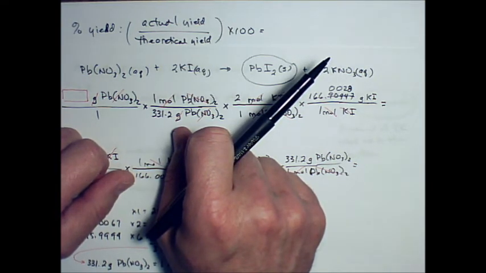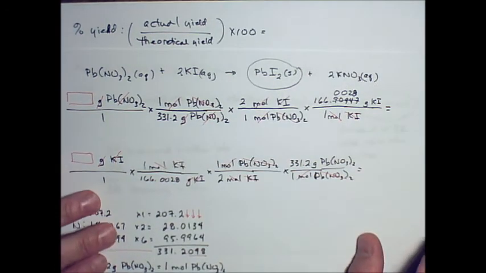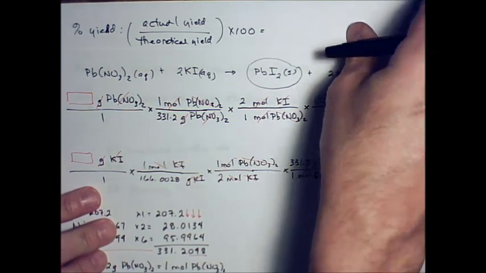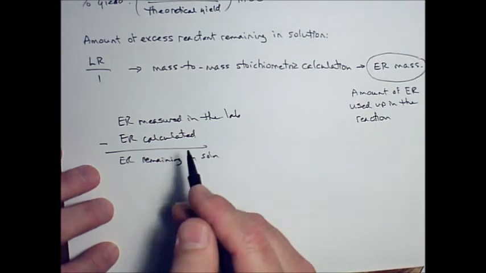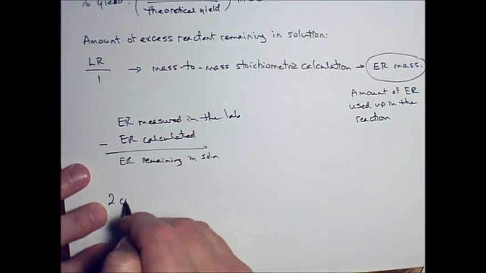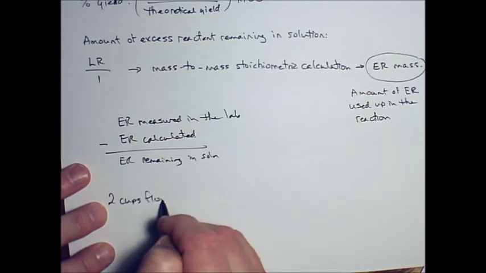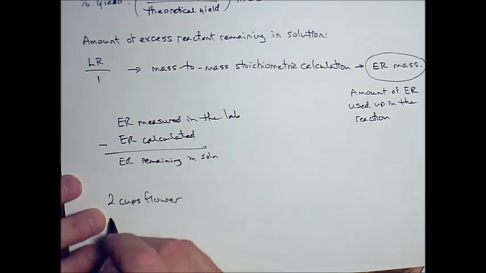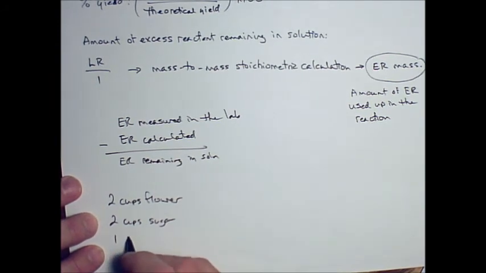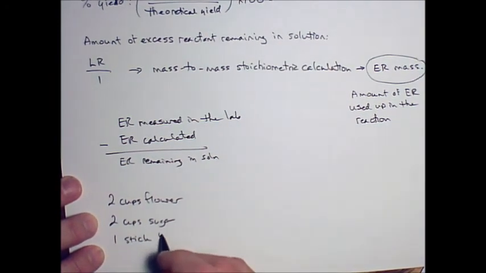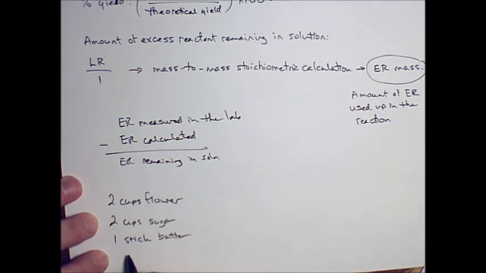That makes sense? Let's say we're making cookies. I need 2 cups of flour, 2 cups of sugar, 1 stick of butter, and let's say 2 cups milk.